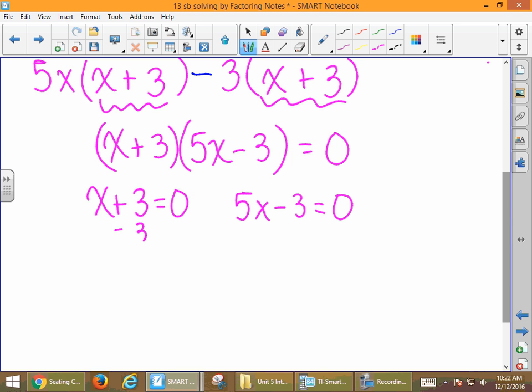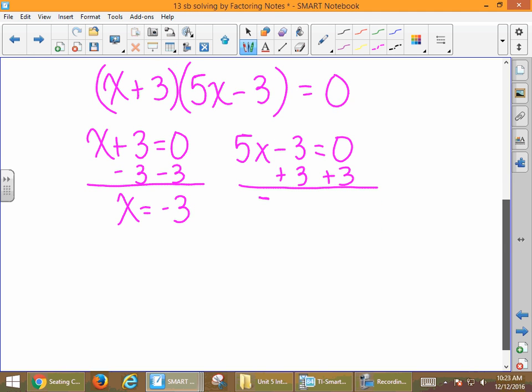And some of you will need to do less work than others. But we subtracted 3 from both sides. Over here, add 3 to both sides. We end up with 5x equals 3. And it's 5 times x. Our inverse operation says to divide by 5. And we get x equals 3/5.